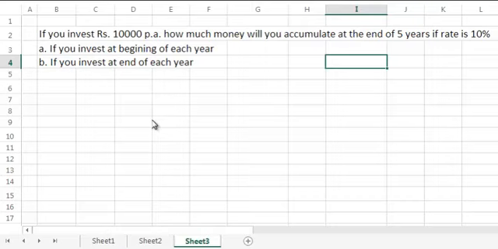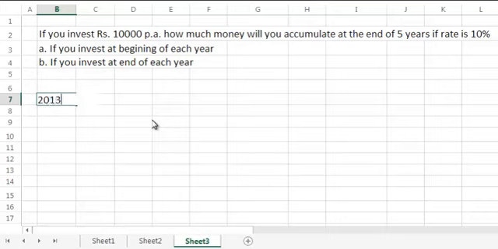And the question has two subparts: if you start investing at the beginning of each year, and if you invest at the end of each year. To understand this, let us create a timeline starting with the current year, which is 2013. If you start with 2013, when do you end with your 5 years?